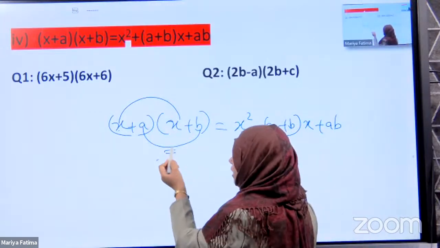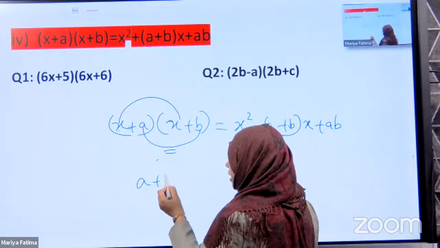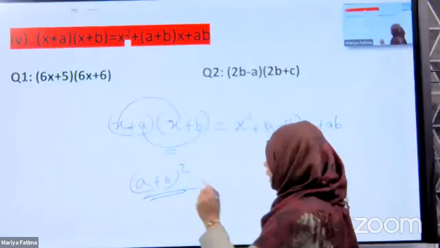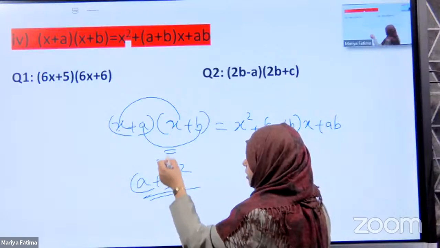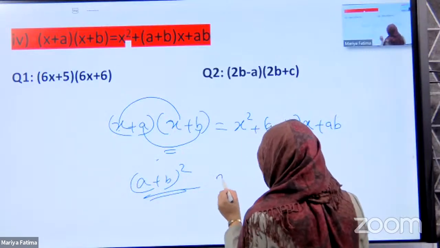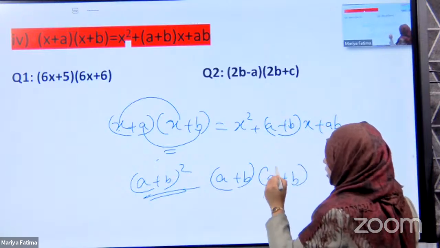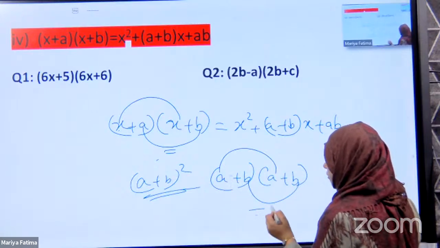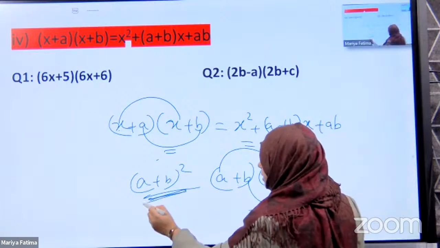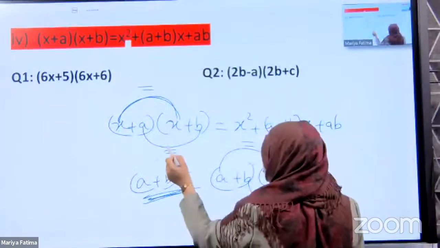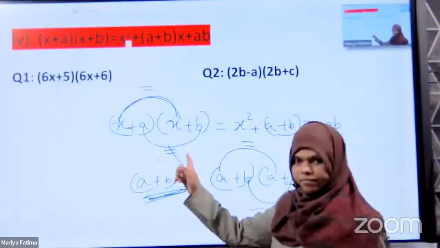If these two are equal, then what can we use? The A plus B whole square identity we can use. The difference is, in A plus B into A plus B, these two will be equal and these two will be equal. But in this identity, these two will be equal and these two will not be equal.